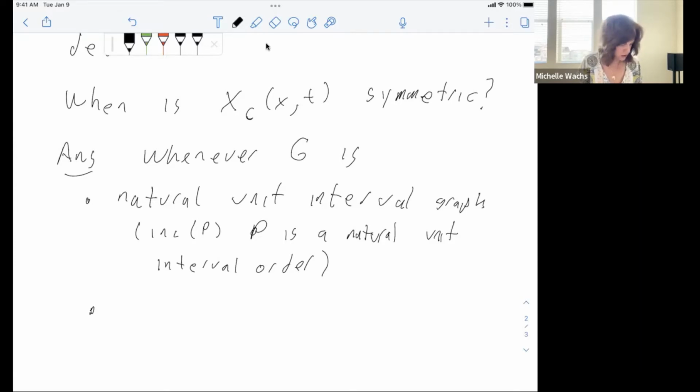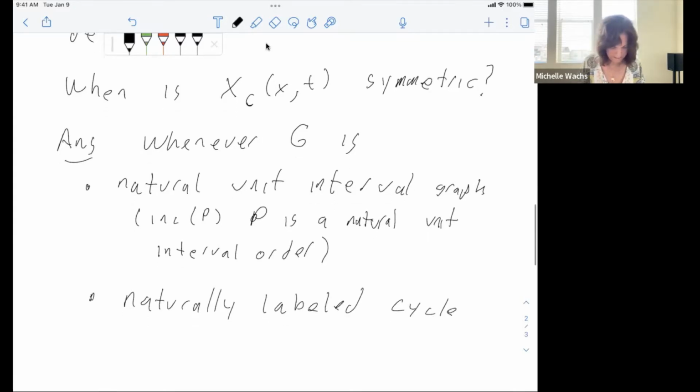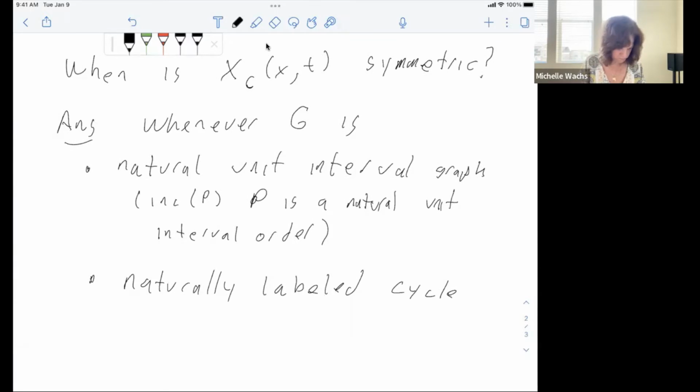And another example of symmetric is when it's a naturally labeled cycle. So here's the graph, and I'll call that C_n, the cycle.